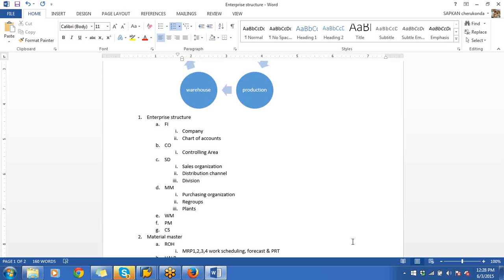Since we bifurcated based on the departments, we also have modules similarly bifurcated. That is why we are discussing plants under material management. Other than that, there is no other special reason.